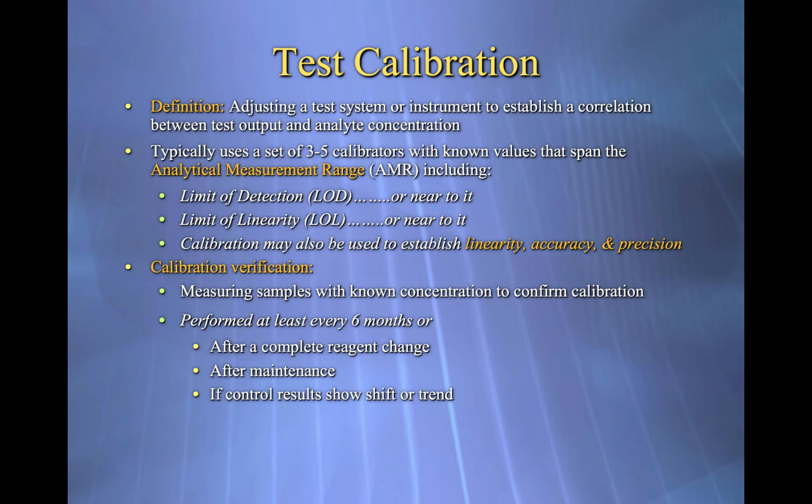Calibration verification then, so I've done the initial calibration when I validated the test, but every 6 months, or after a complete reagent change, or after major maintenance, or if my controls are showing a shift or trend and I have to bring it back into calibration, then I'm going to do calibration verification, which is fairly similar to doing the validation, but we're going to verify and redo it every 6 months or so.